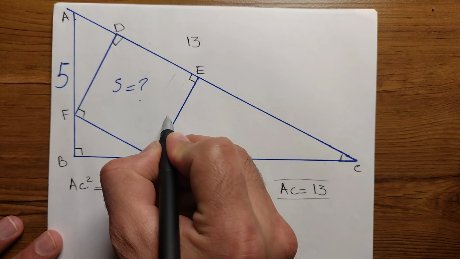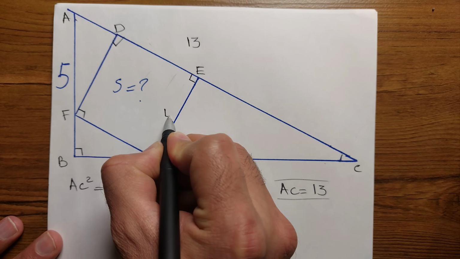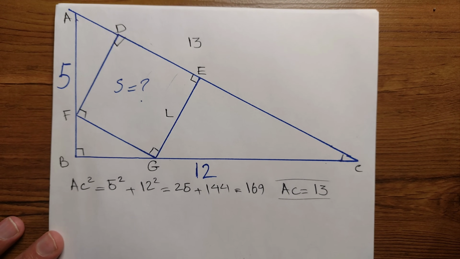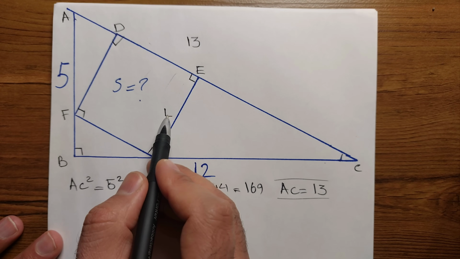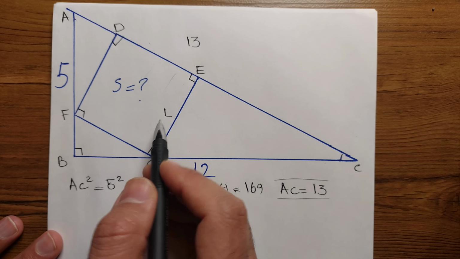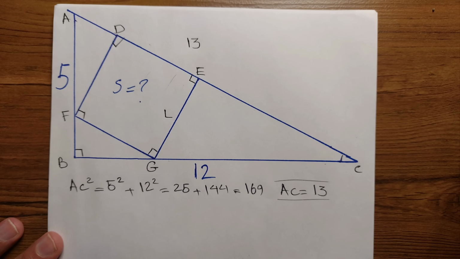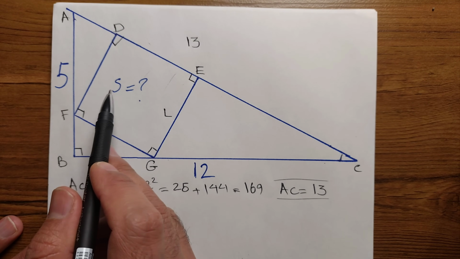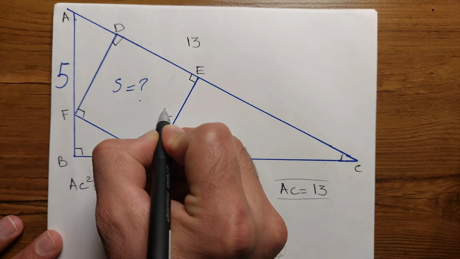Then let me name the side of the square as L, for example. We should find this side L in order to calculate the area of this square. We are supposed to find L first.